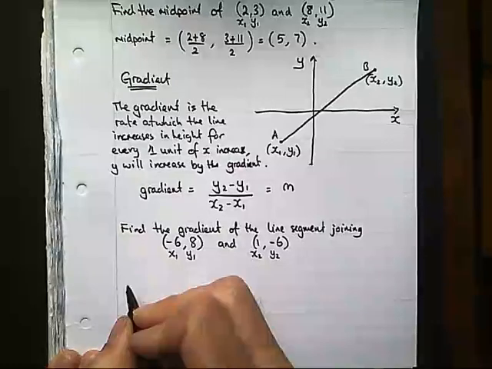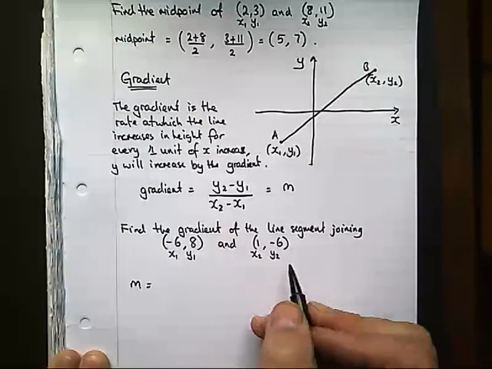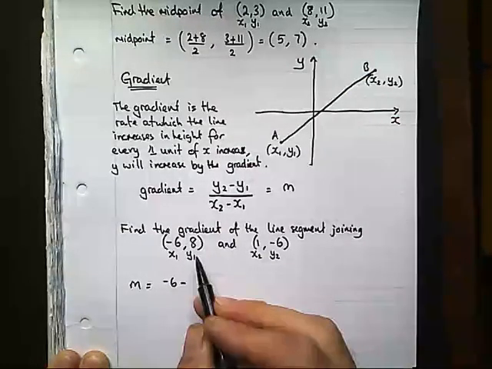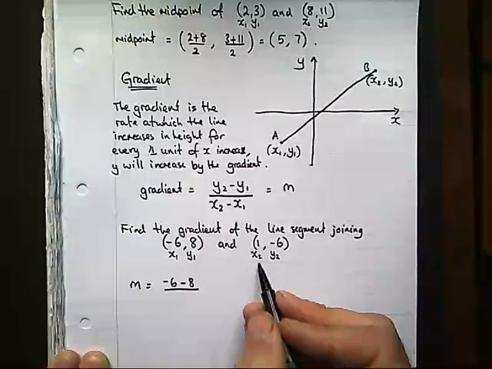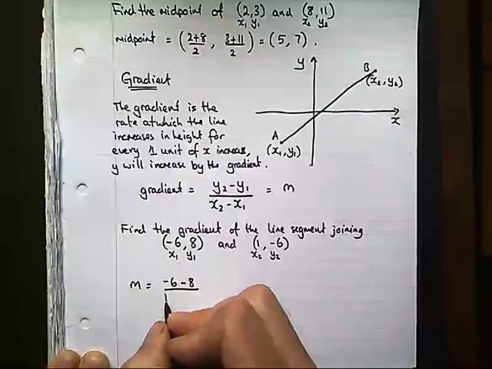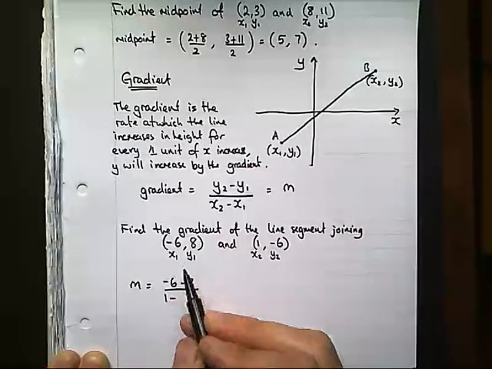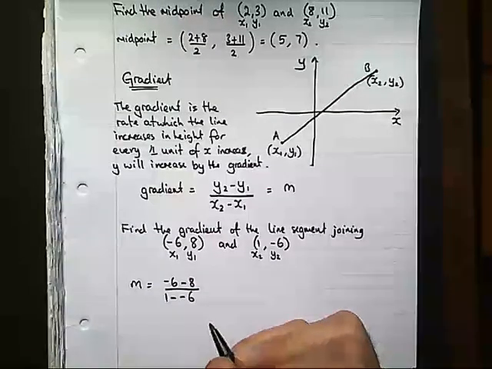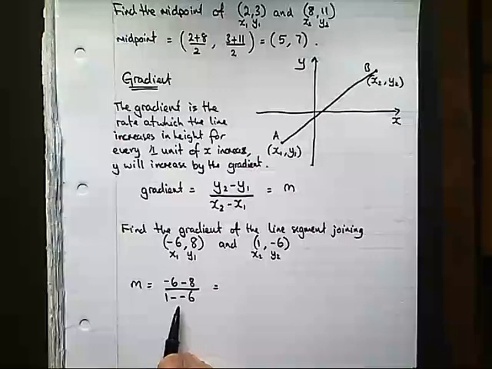So m equals y2, which is -6, take away y1, which is 8, divided by x2, which is 1, take away, remember it's a take away, x1, which is -6. So it's 1 minus -6, so that will turn into a plus. The denominator will turn into a plus.